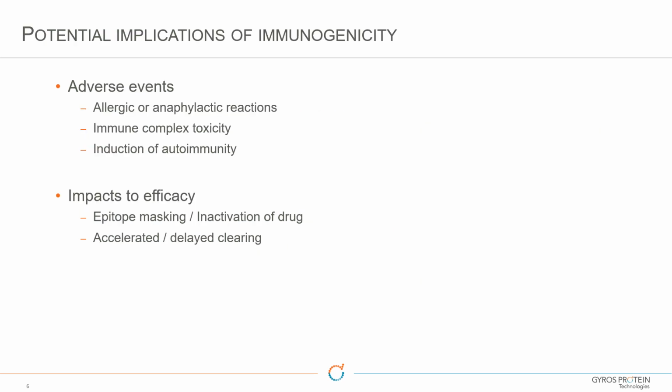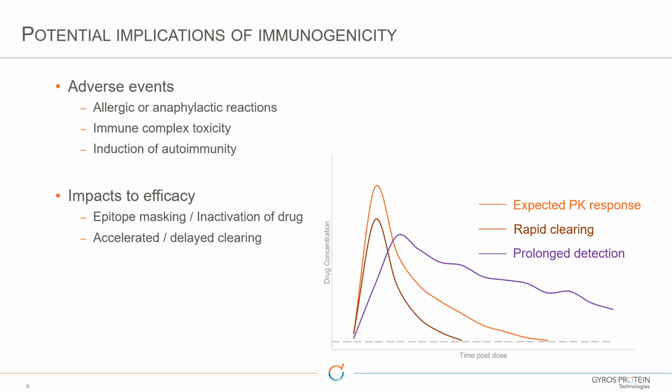As mentioned, immunogenicity can cause adverse events such as allergy, immune complex toxicity, and can even induce autoimmunity where you start attacking your own body. But probably the main concern, particularly for a lot of biopharmaceuticals, is the impact on efficacy. You can reduce the PK profile of the drug, so the half-life gets reduced, so there's less drug.